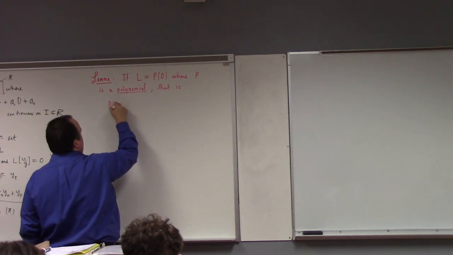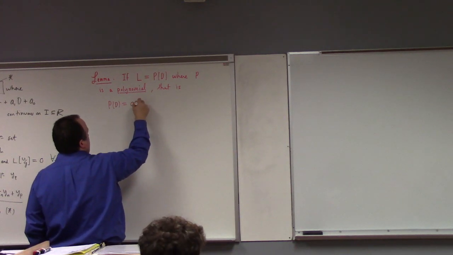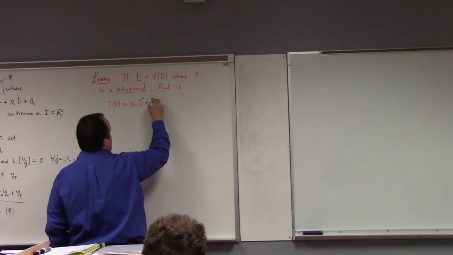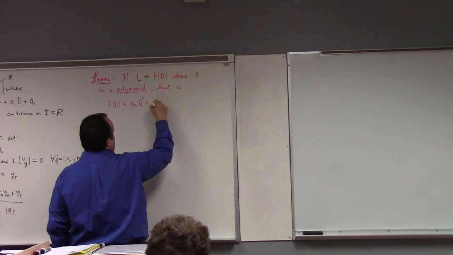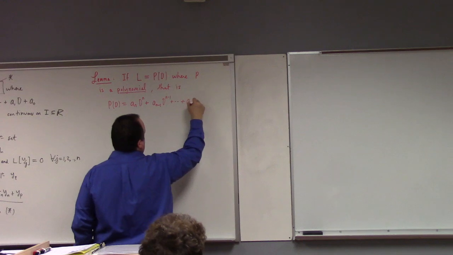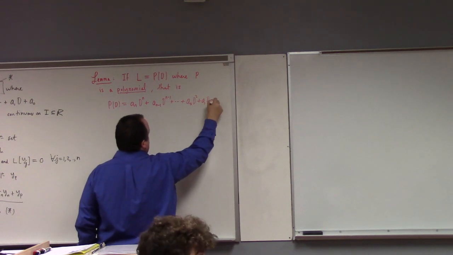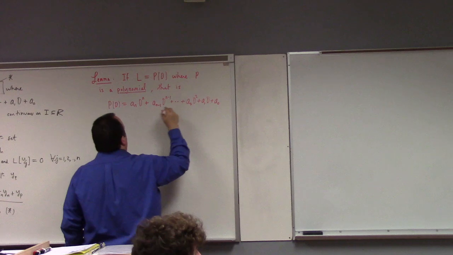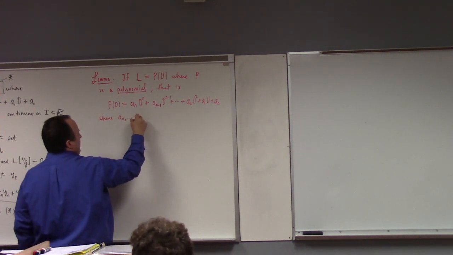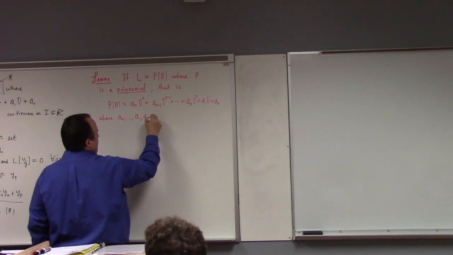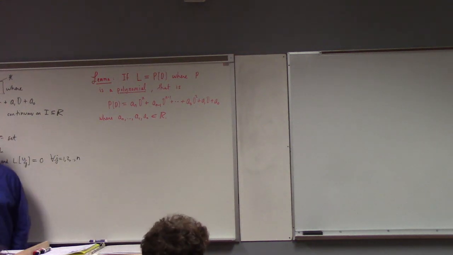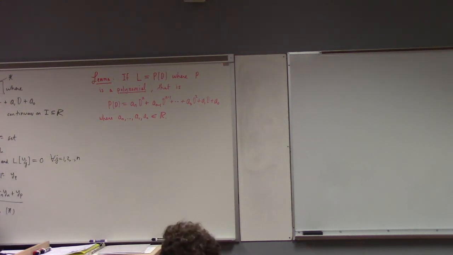P of D is something like a_n D^n plus a_(n-1) D^(n-1) plus ... plus a_2 D squared plus a_1 D plus a_0. So what makes this a polynomial is that the a_n all the way out to a_0 are just constants, like real. This would still be true for complex constants, but let's keep it real for the time being, okay?